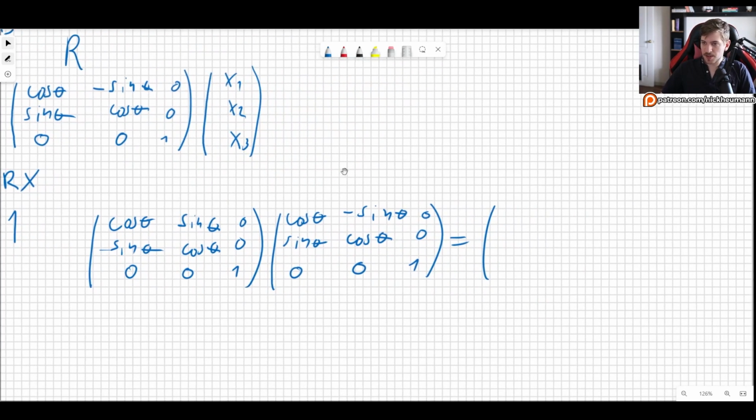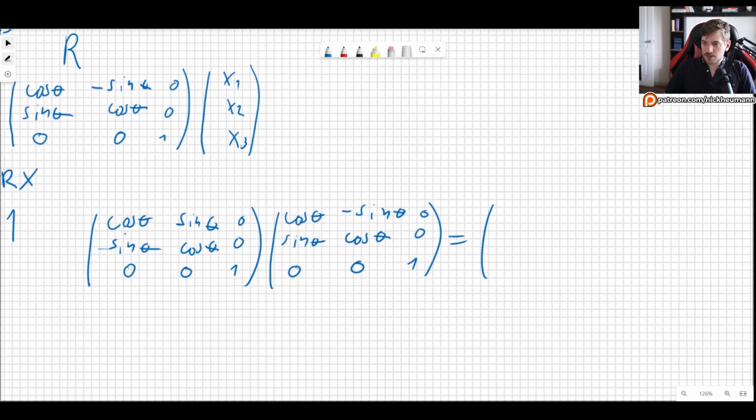Let's see. Here we have cosine times cosine, so we get cosine squared of theta, and then sine times sine, so plus sine squared of theta. Then we get minus sine times cosine plus cosine times sine, which is going to be 0. Then 0 times cosine, 0 times sine, so 0 as well.